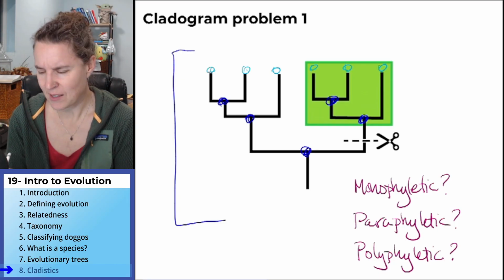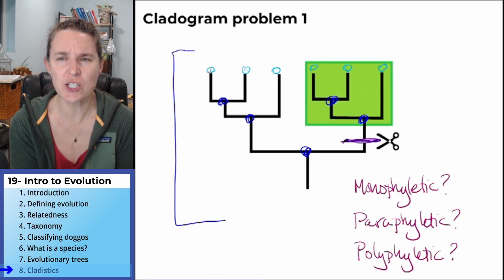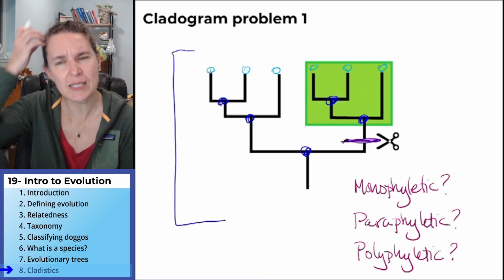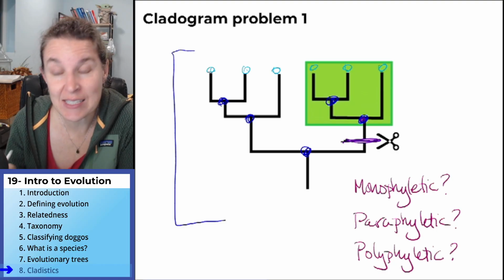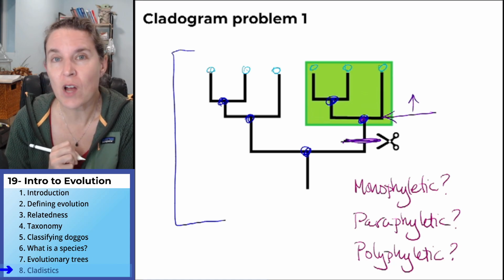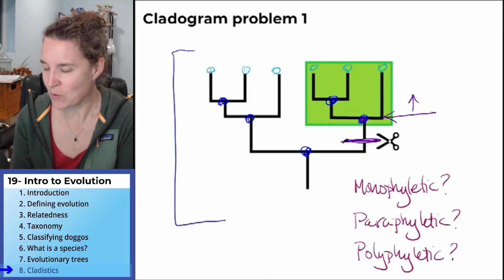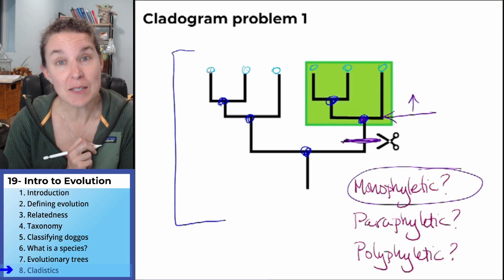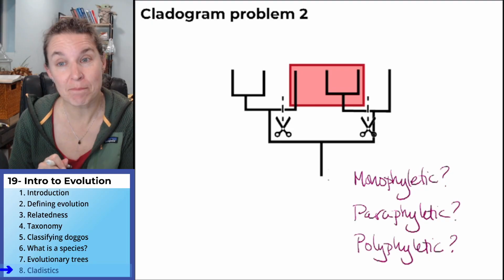If we cut the cladogram right here and just looked at that green chunk, what kind of group is that? Well, look, we've got an ancestor, and from this ancestor on, we've got all the descendants, which means what kind of group is it? That's a monophyletic group.